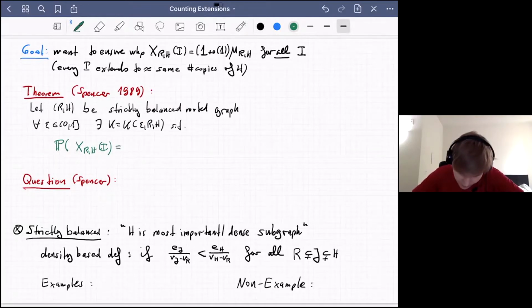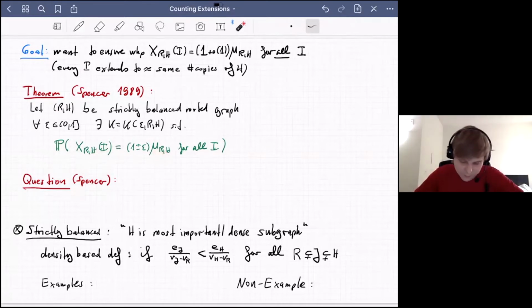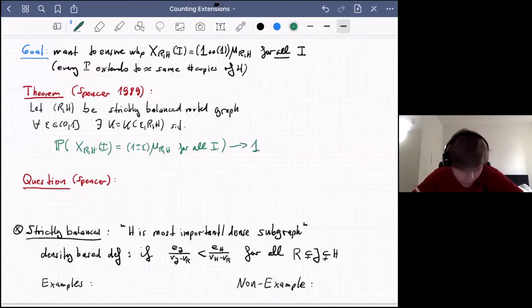This 1 plus or minus is a slight abuse of notation, but it means that this random variable is at least 1 minus epsilon times this value and at most 1 plus epsilon times this value. And he proved that this probability goes to 1 if the expected value is sufficiently large.